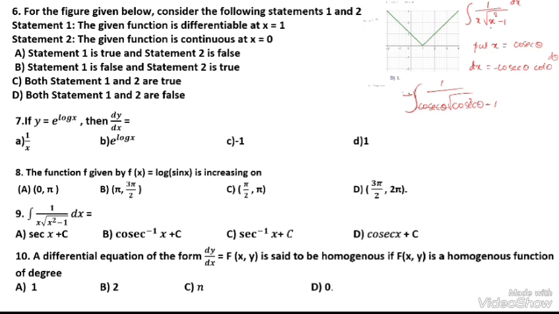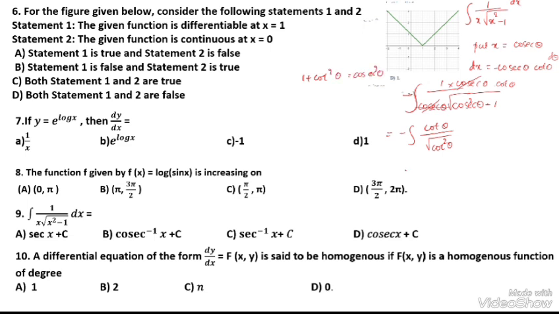In place of dx we have minus. I will take minus as common, cosec theta into cot theta. Cosec gets cancelled. Here cot theta divided by root of cosec square theta minus 1 will be root of cot square theta, because we know the identity 1 plus cot square theta is equal to cosec square theta.